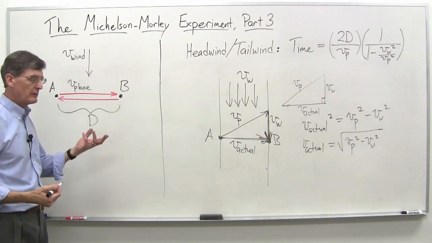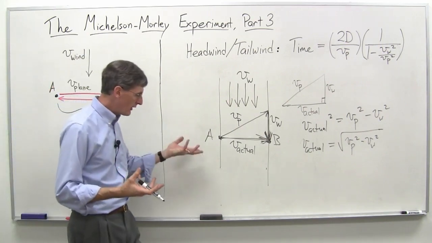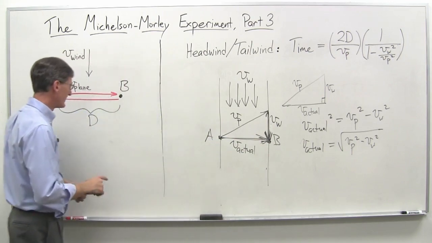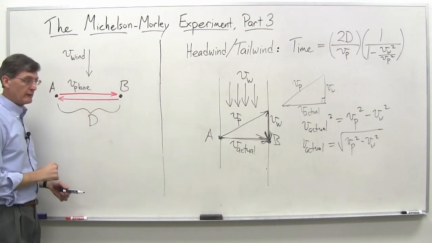Okay, so that gives me the net velocity of the plane from A to B, or the swimmer from A to B, if you want to think about a swimmer. And so, therefore, I can do the time now.